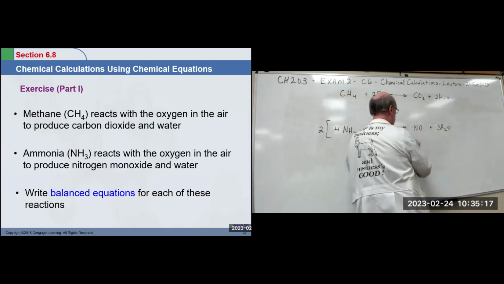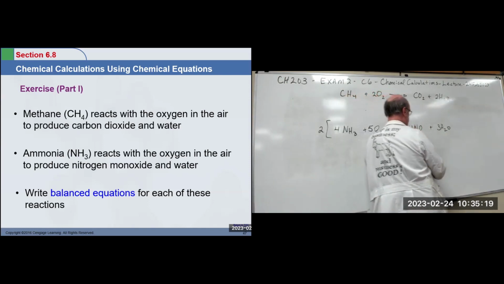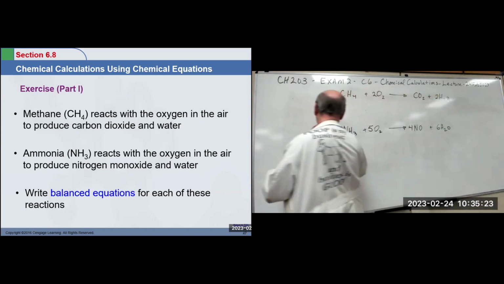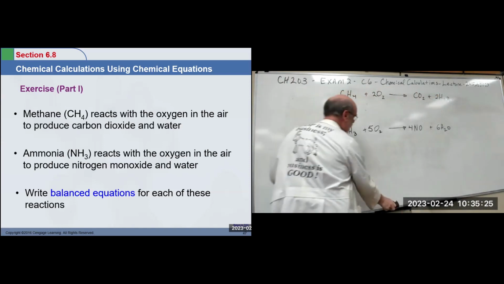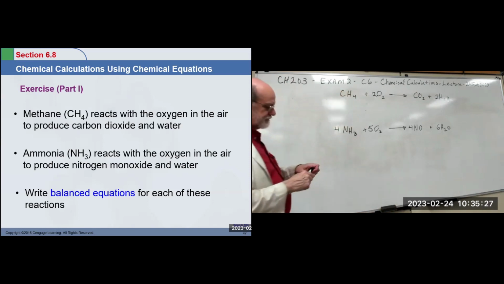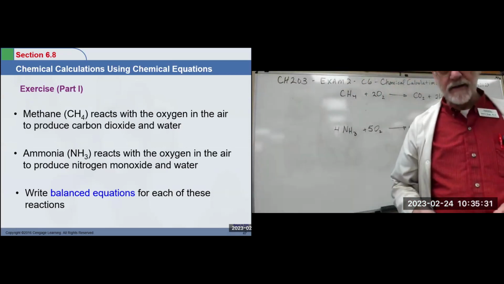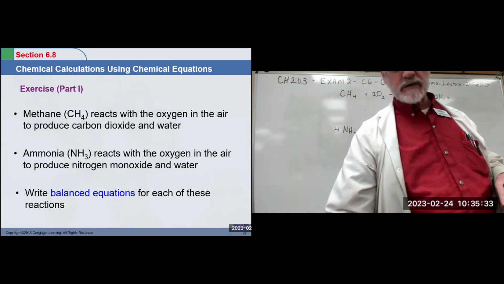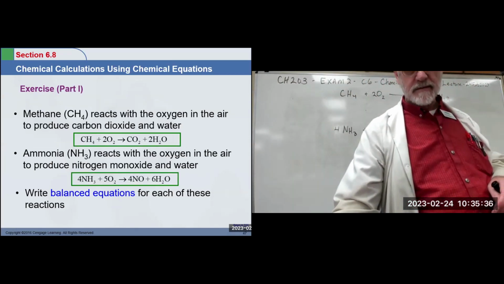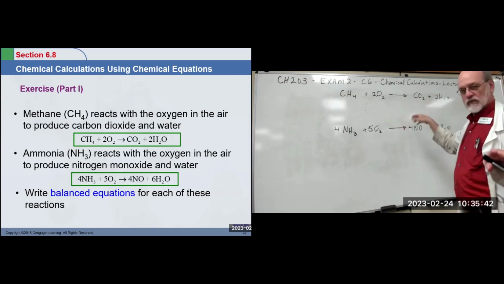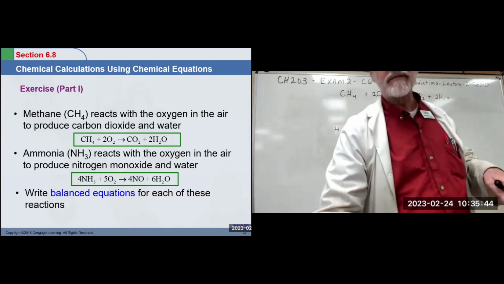Change this one to 4. And change this one to 6. There we go. Now we've got 2 balanced equations. What's the question? Well, the first one was write the balanced equations. Okay, so we did that. There we go. 4, 6, 5. Okay. I am in agreement with the slide. That's good.